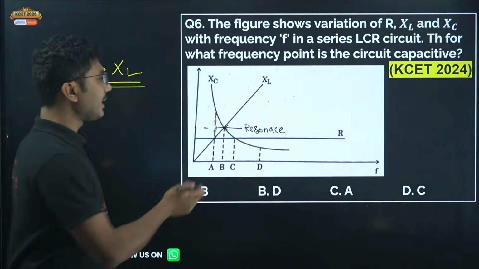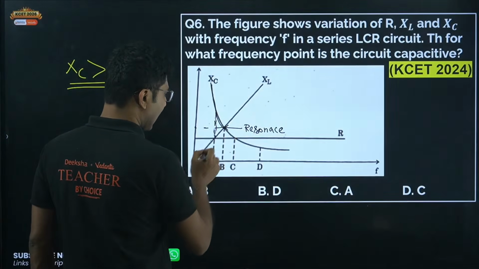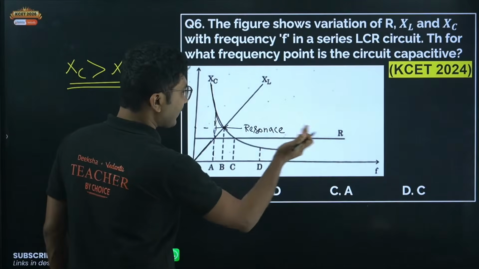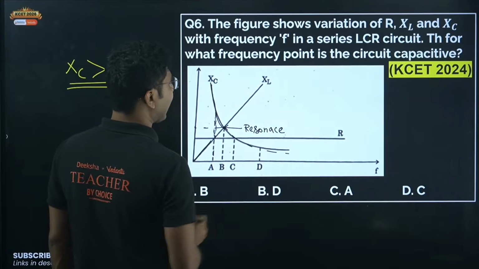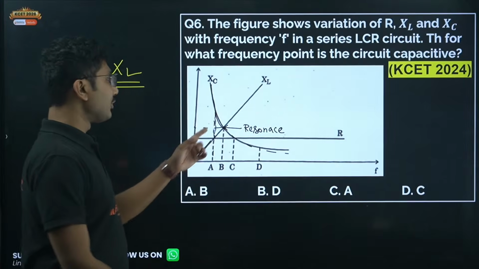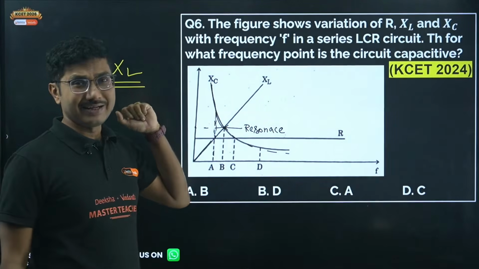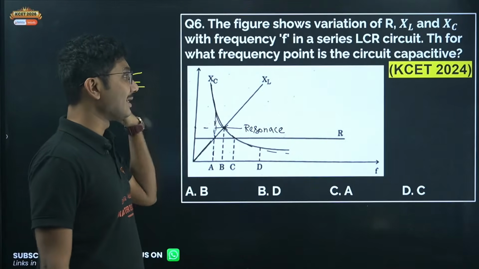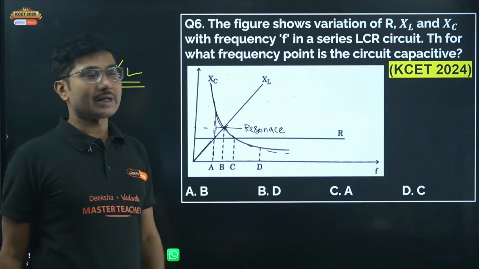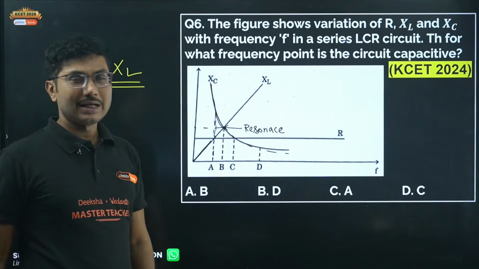Before this point, at each and every point XC is always greater than XL. And after this point, at each and every point XC is always smaller than XL. So this point is resonance. Anything before the resonance, XC is greater and the circuit is capacitive. Anything after the resonance point, the circuit is inductive, so inductance is leading.